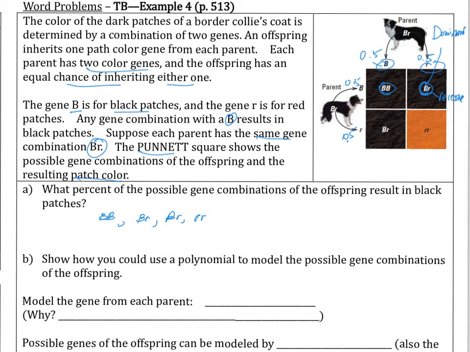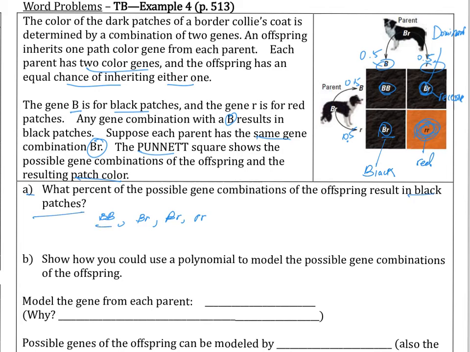So we also have another one here, big B, little r. So this offspring also must be black. And this offspring has to be red because there is no dominant gene here. Both strands of genes are red. So in part A, it asks you, what percent of the possible gene combinations of the offspring result in black patches?